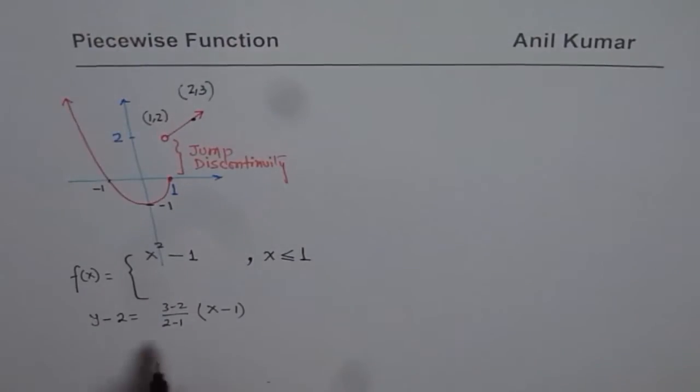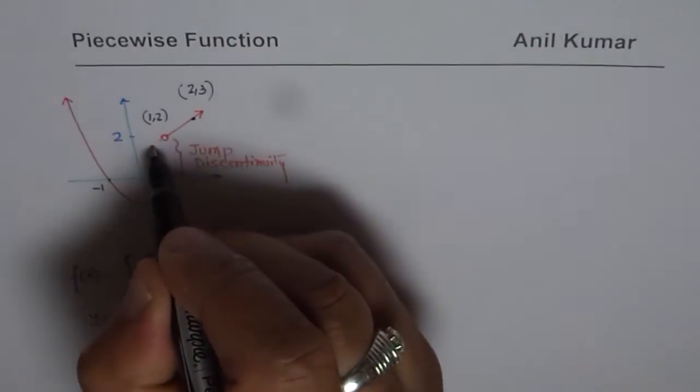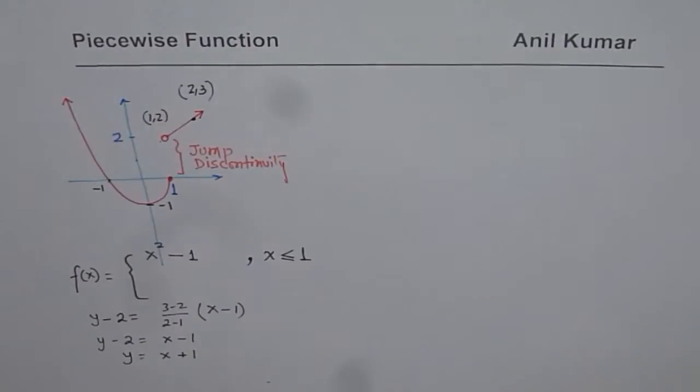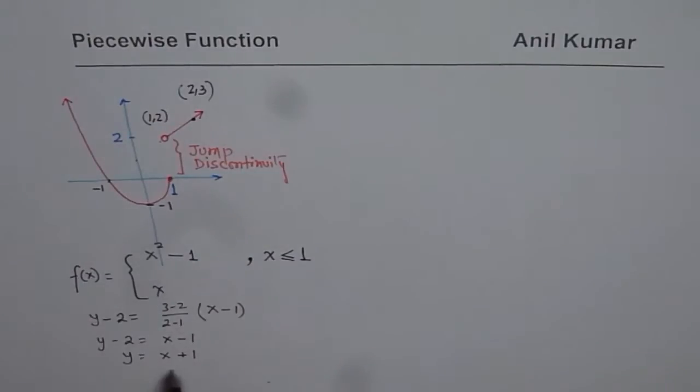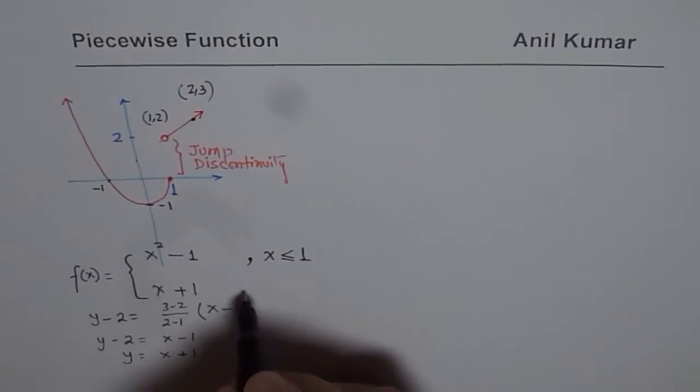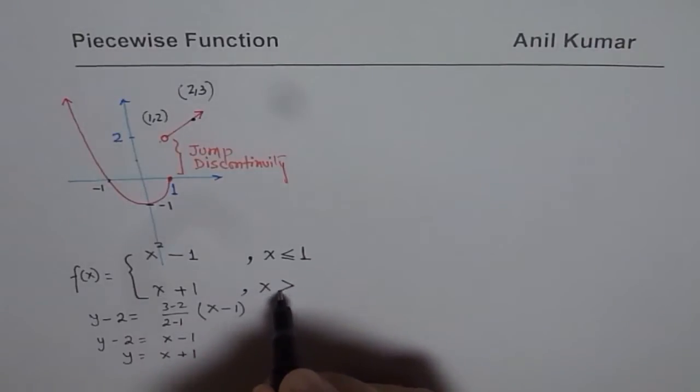So rearranging this equation, which is in point-slope form, 3 minus 2 is 1, this is also 1, we get x minus 1, or we can say y is equal to x plus 1, correct? If you extend this line, it will have a y-intercept at 1. We have this equation of the line as the function f of x is equal to x plus 1 when x is greater than 1.